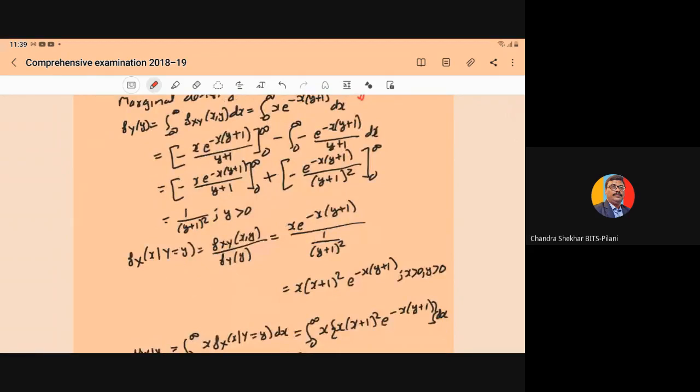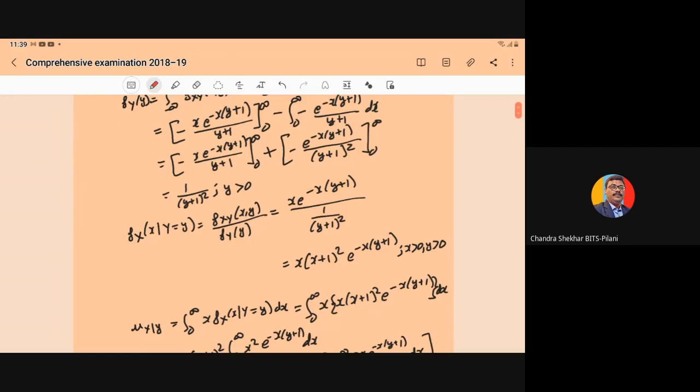That can be written as minus x e^(-x(y+1)) upon (y+1), limit 0 to infinity, plus minus e^(-x(y+1)) upon (y+1) whole square, limit 0 to infinity.